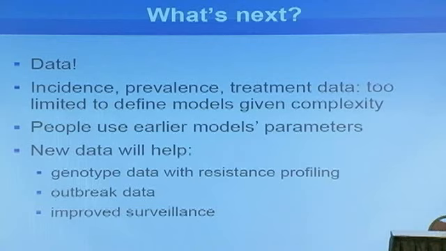People tend to just use other people's model parameters, which is a little bit weak. We're hoping that by changing to more probabilistic, less data-demanding kinds of models, and at the same time making use of new data, we'll be able to link models and data a little bit more strongly.